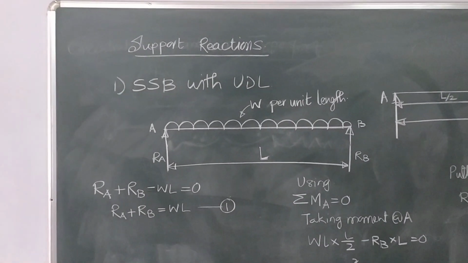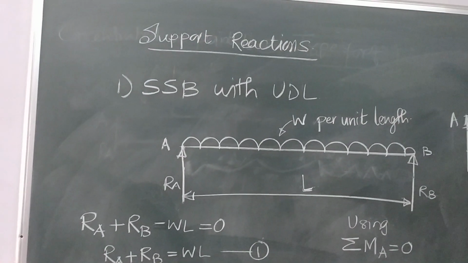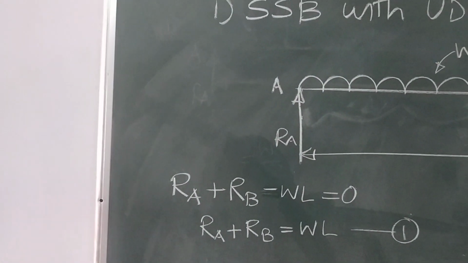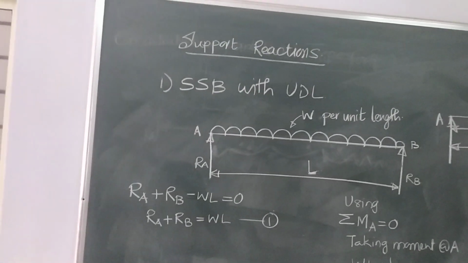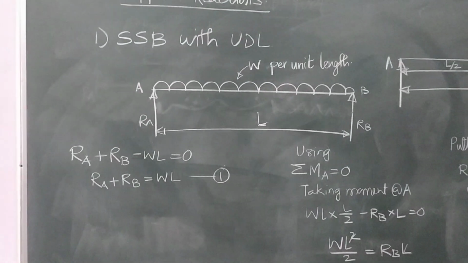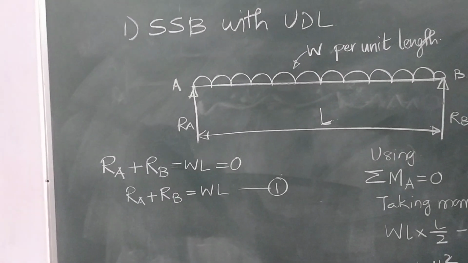Now, let us solve this. A and B are upward loads or reactions. So, RA and RB are positive. Please refer to the last video for the sign convention of load. Upward sign is positive and downward is negative.